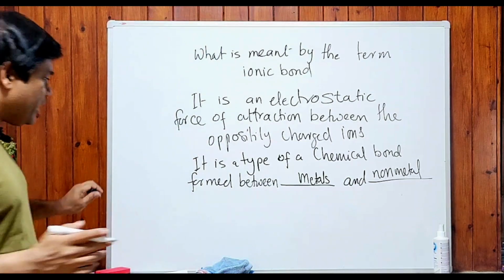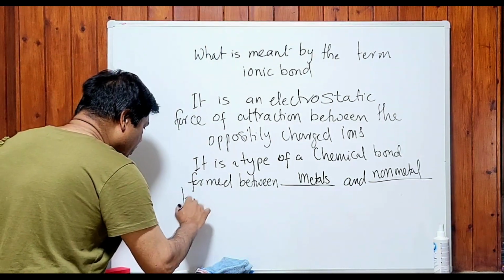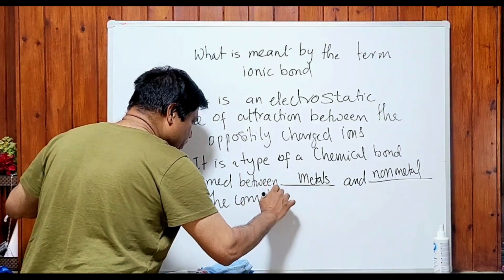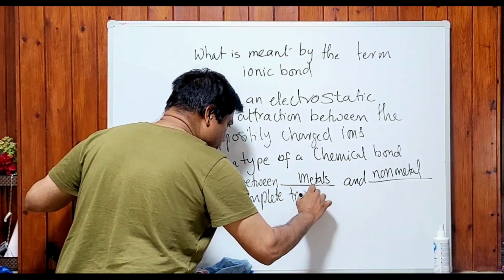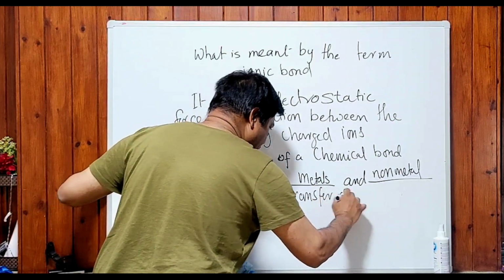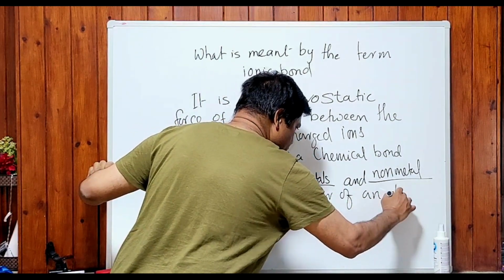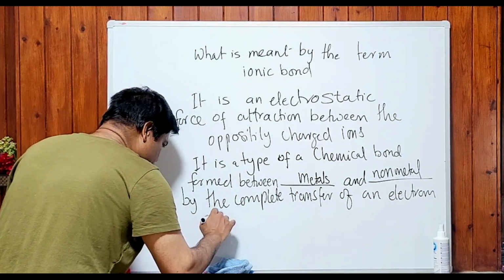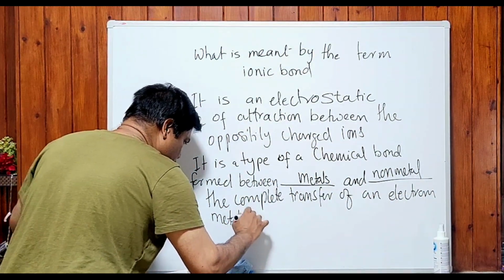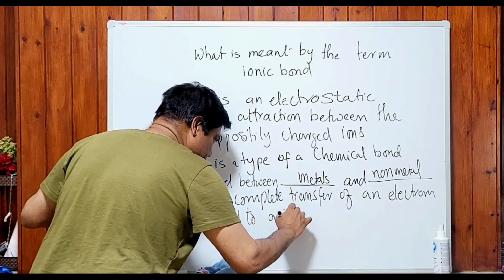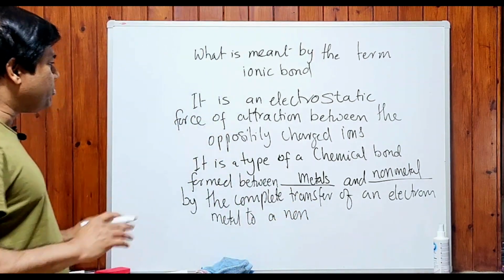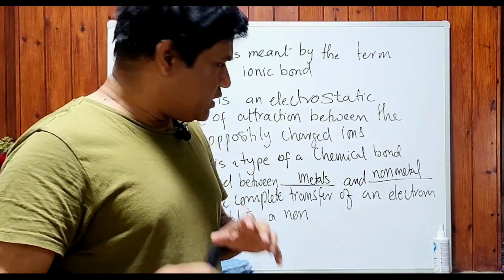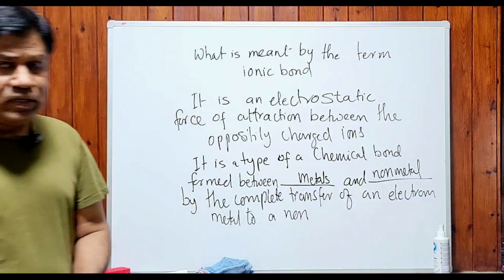By the complete transfer of an electron from metal to a non-metal. So that's the complete definition of an ionic bond. It is formed between metal and non-metal.